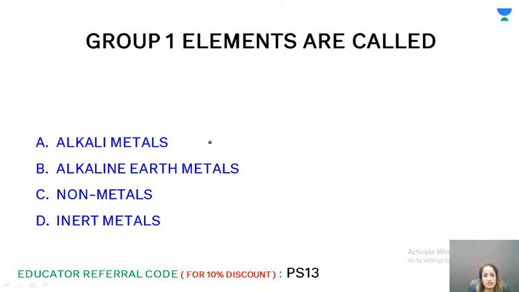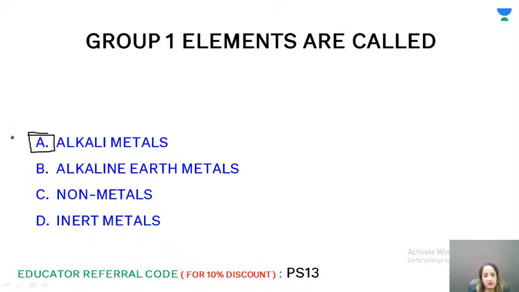Next question is, group 1 elements are also called what? Alkali metals, alkaline earth metals, non-metals, or inert metals? We call group 1 elements alkali metals, guys.